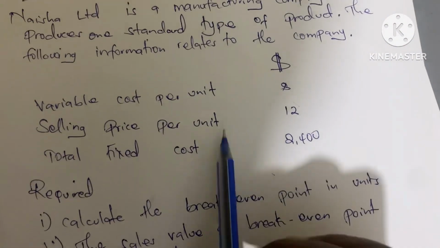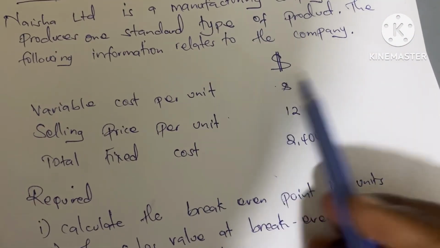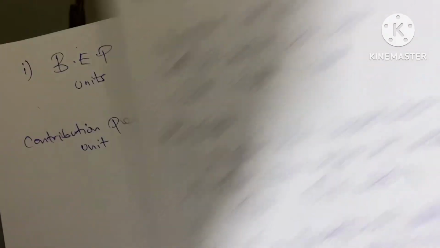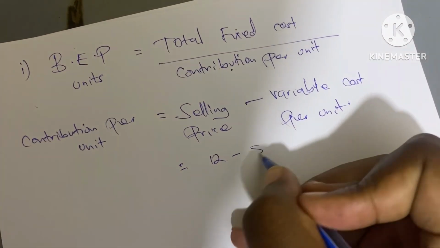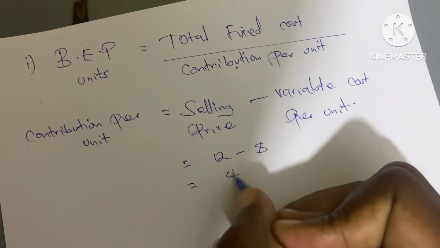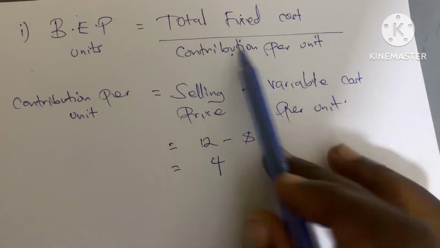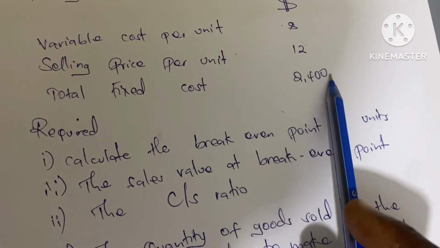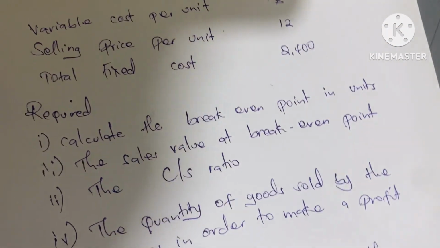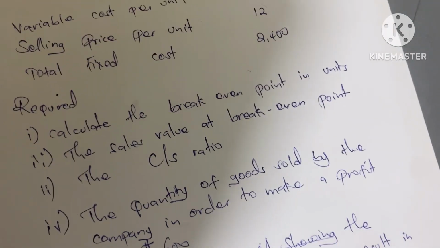So we have the selling price and the variable cost per unit. So it will be 12 minus 8, which is 4. So we have this and this. Our total fixed cost is 2,400.